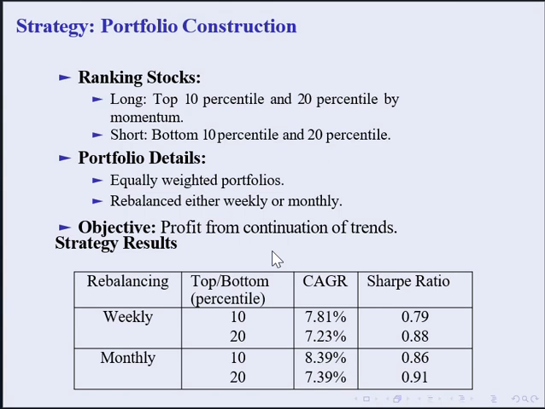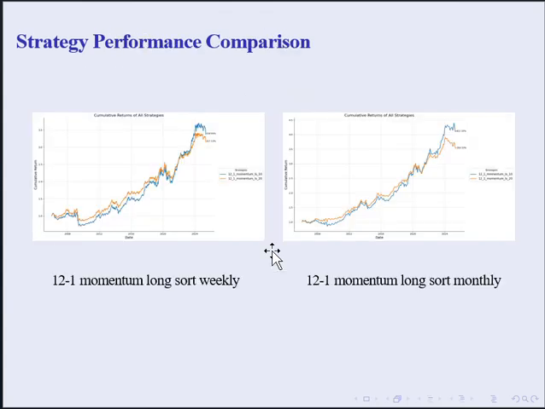Monthly rebalancing, top and bottom 10 percentile strategy is giving the highest CAGR 8.39%, and the monthly 20 percentile long short portfolio is giving the highest Sharpe ratio 0.91. You can see in the plots also that the monthly 10 percentile long short portfolio is giving the highest return in terms of cumulative return also.